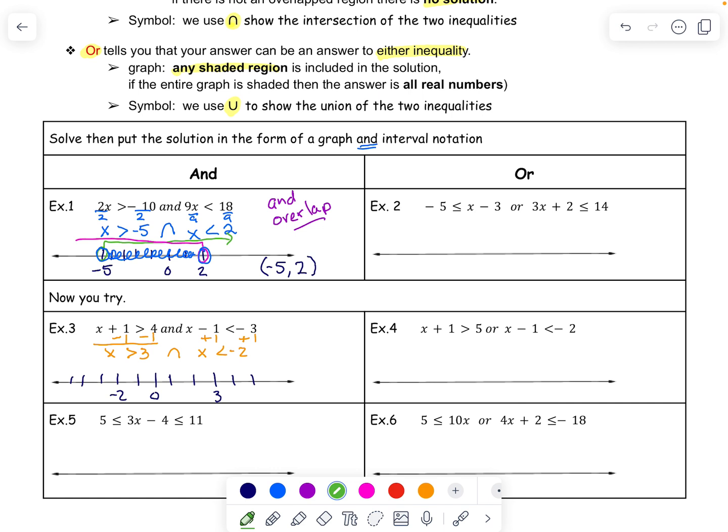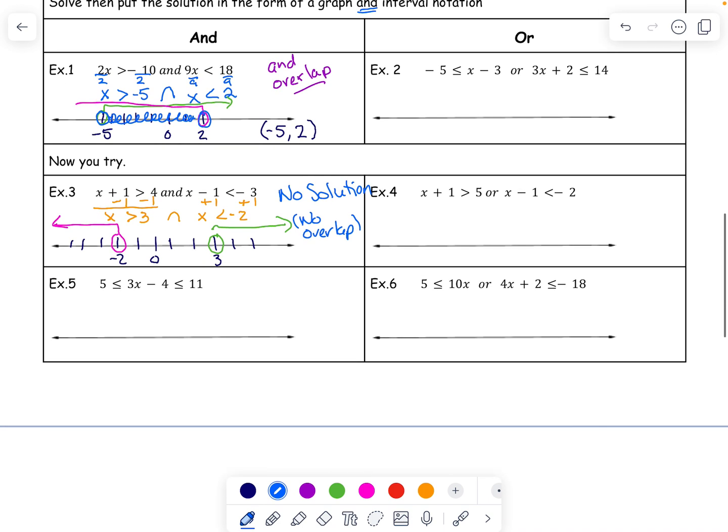And so for the first one, x is greater than 3 is going to be from here on over. And x is less than negative 2 would be from here on over. And we don't have any overlap. So no overlap means no solution, because there's no overlap. Okay? Now let's go to the last one.